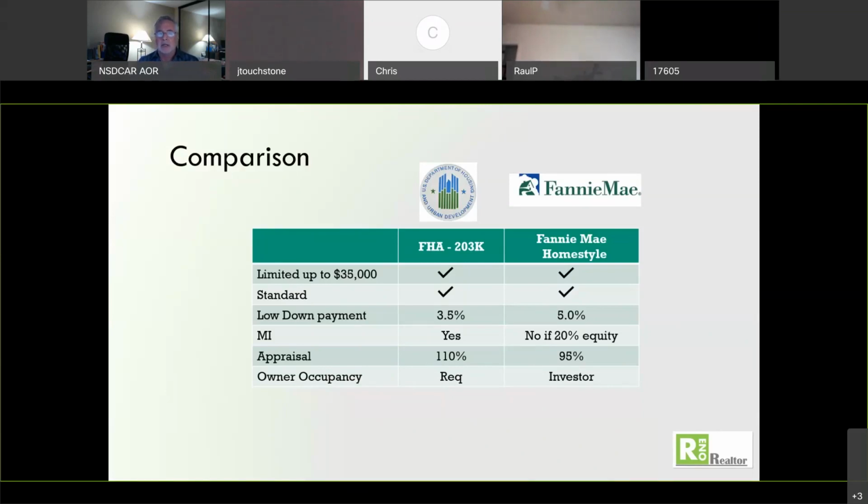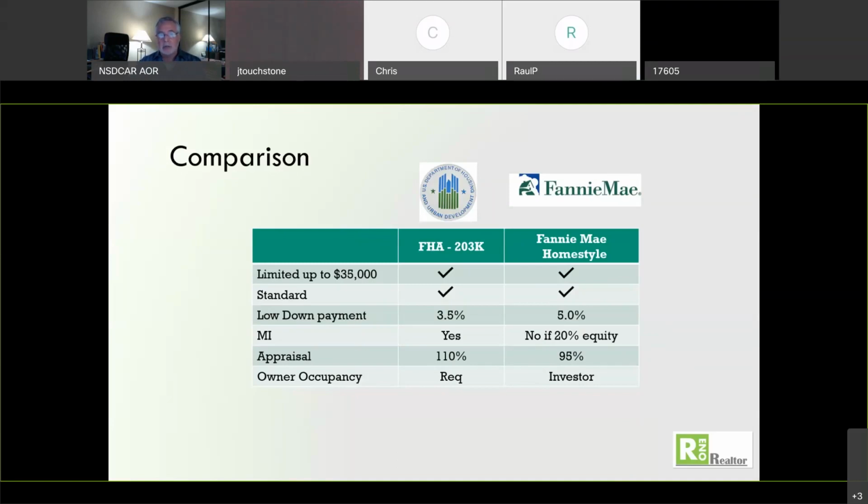I don't think I mentioned that these renovation loans are available for purchase and refinance. A lot of times when I'm working with refinance opportunities, they're looking foremost at the Fannie Mae product, just to remove that mortgage insurance.